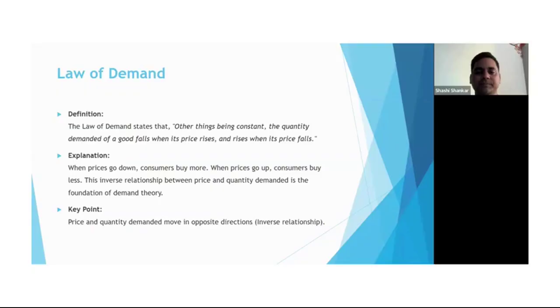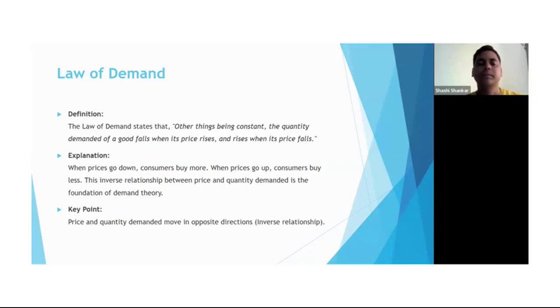To explain the law of demand: when prices go down, consumers buy more. When prices go up, consumers buy less. This is the inverse relationship between price and quantity. Inverse relationship means once the price rises, quantity demanded is less, and once the price falls, quantity demanded is more. This inverse relationship between price and quantity demanded is the foundation of demand theory.